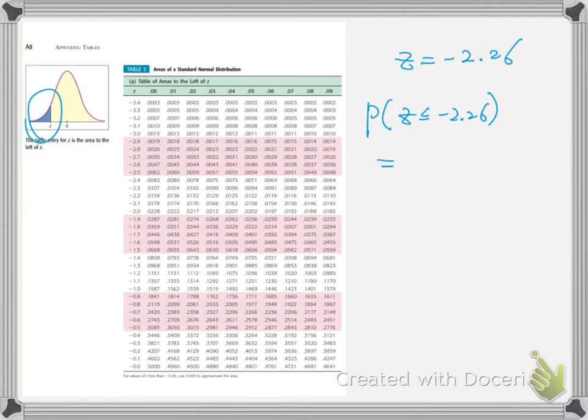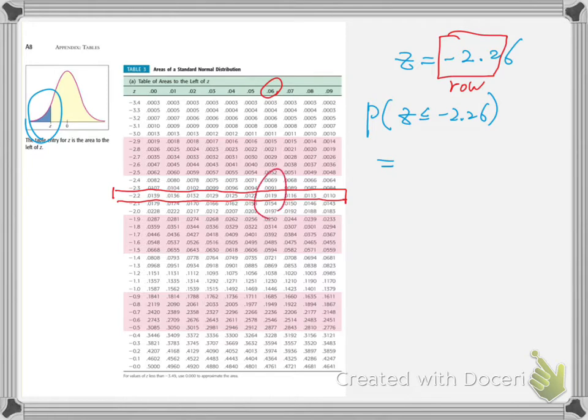So negative 2.2 is the row, and the second digit, 6, is the column. The answer is 0.0119.